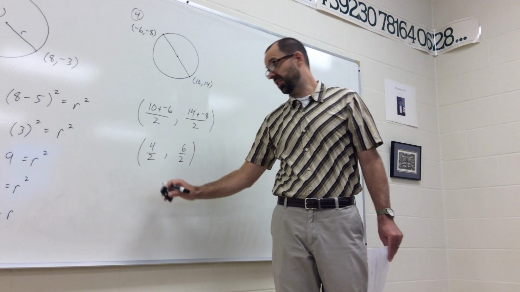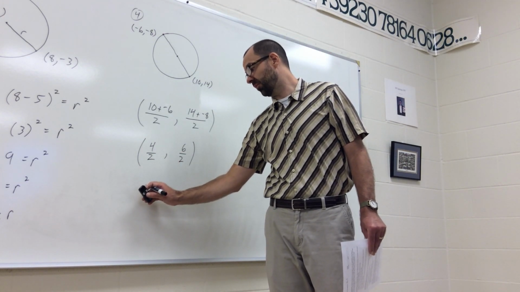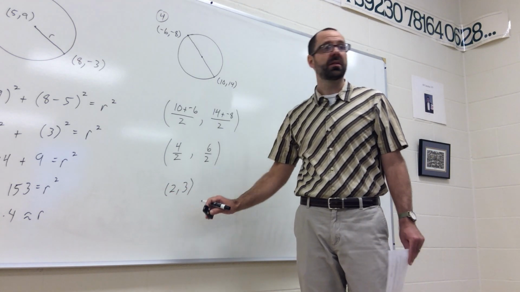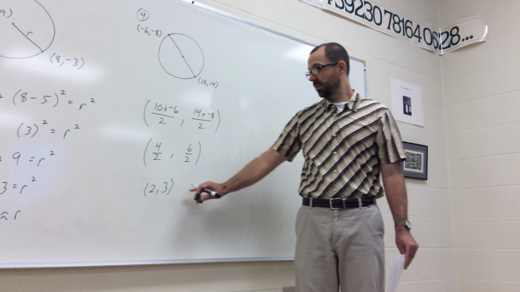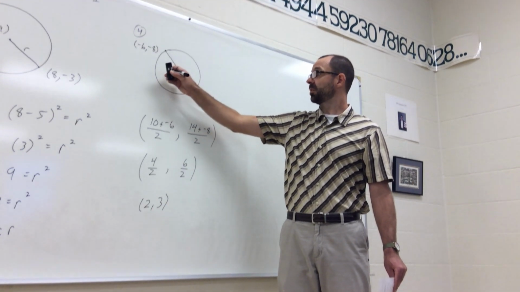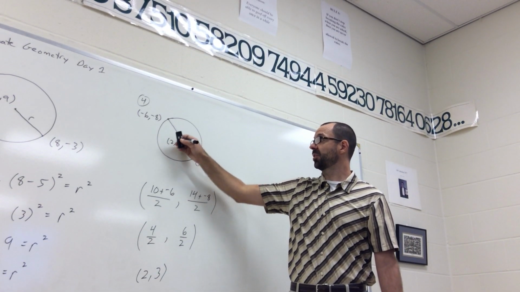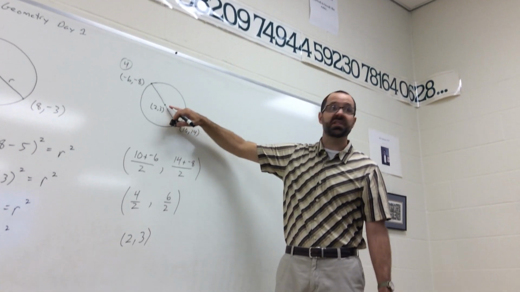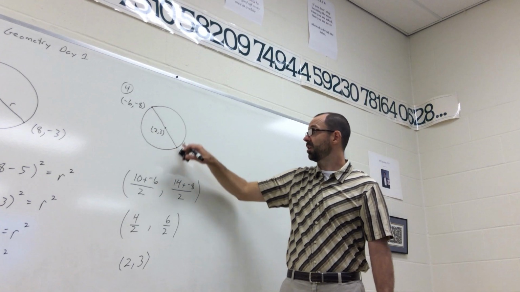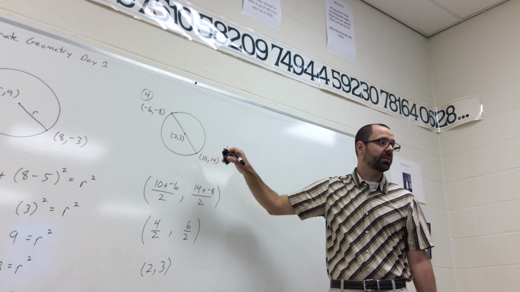And then to get the final answer, you finish out the division. So 4 divided by 2 is 2. 6 divided by 2 is 3. So 2 comma 3 is the point that's in the exact middle. So I can label it in my picture. And that means it's the center of the circle. Because the center of the circle would be in the exact middle between these two endpoints.